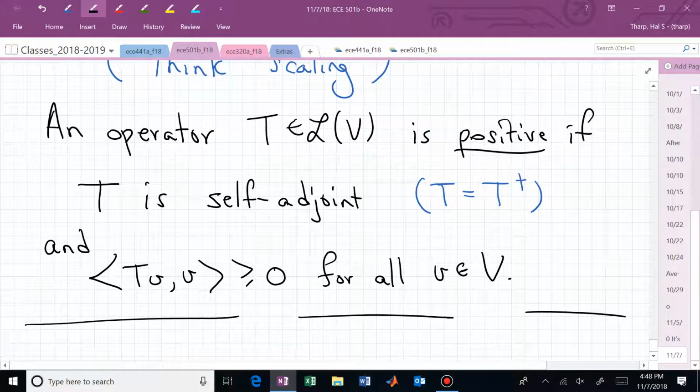It needs to be self-adjoint, equal to its adjoint, and the inner product of TV with V needs to be greater than or equal to 0.